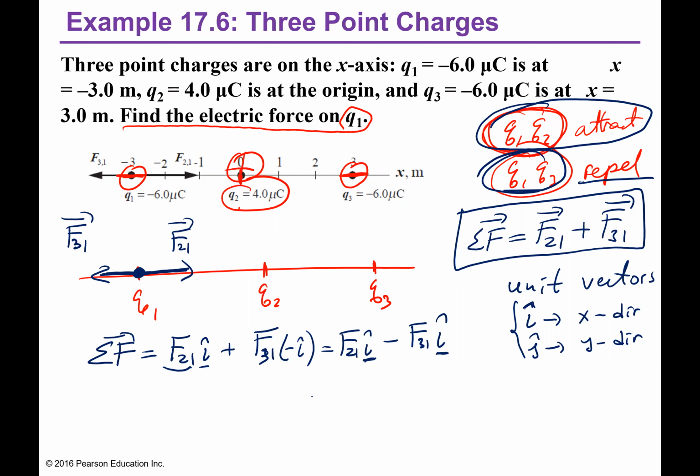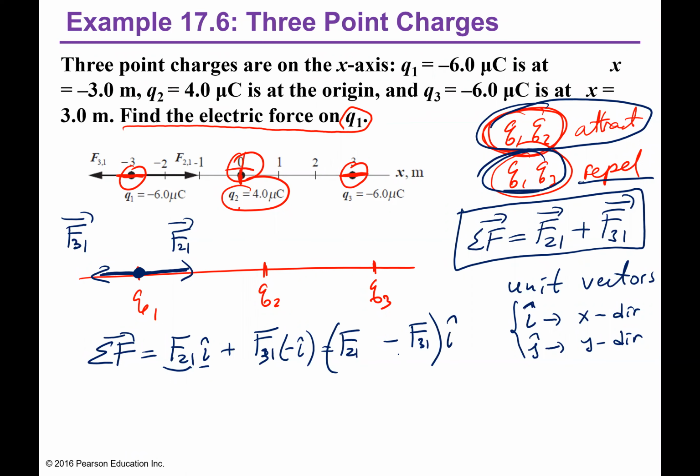If I had an extra vertical force, I could not just algebraically add them together. But here I can. That means once I find the magnitude of F21 and the magnitude of F31, I can just subtract them, because I can factor out I hat and have this.